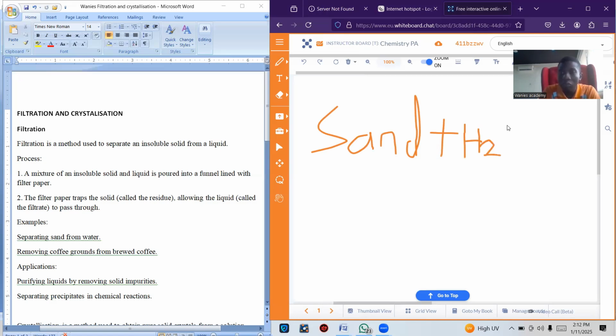Adding sand and water together, this sand is not soluble in water. So when you add sand and water together, you see the sand at the bottom and the water on top once it has settled.